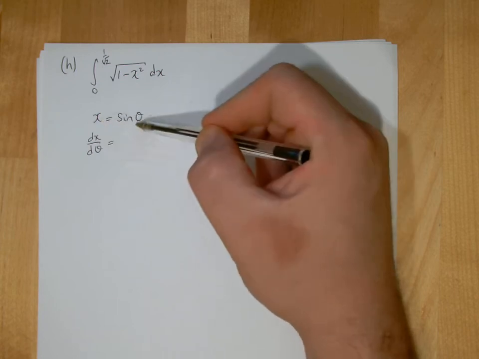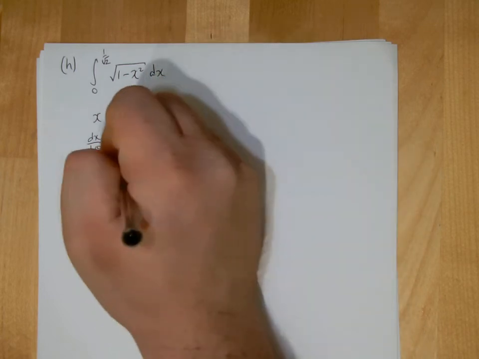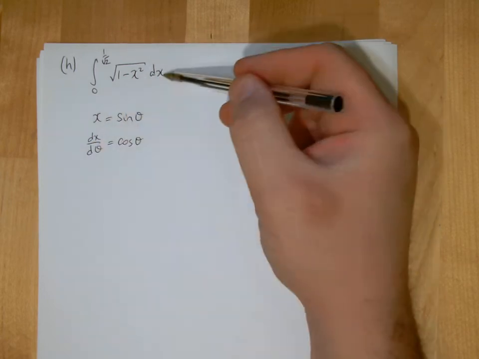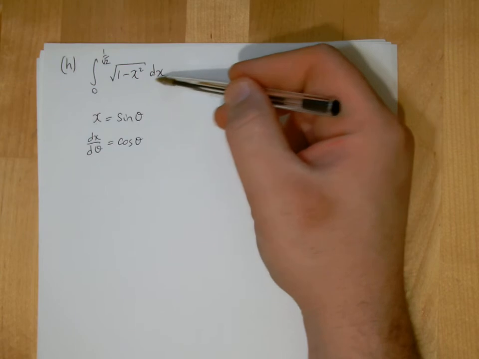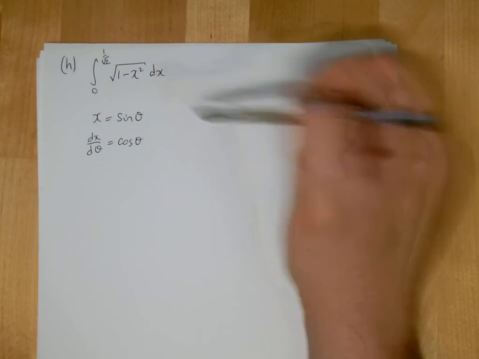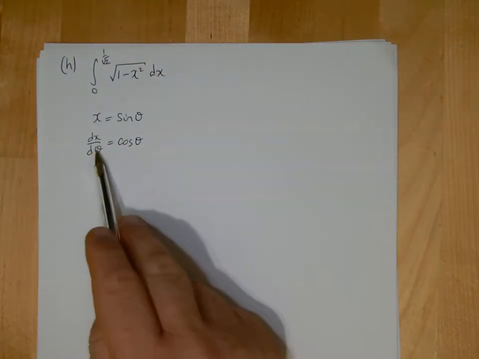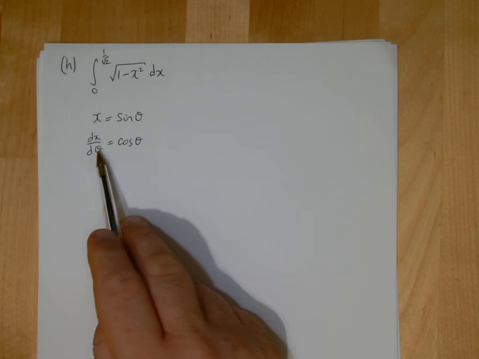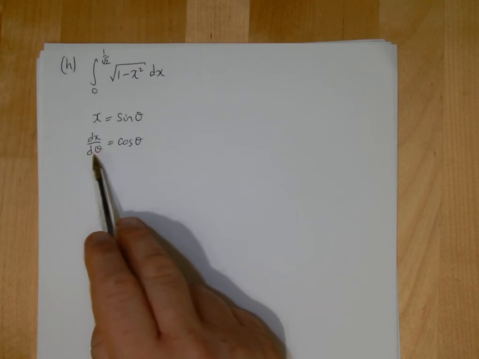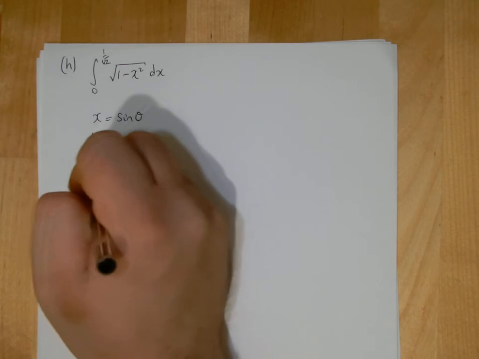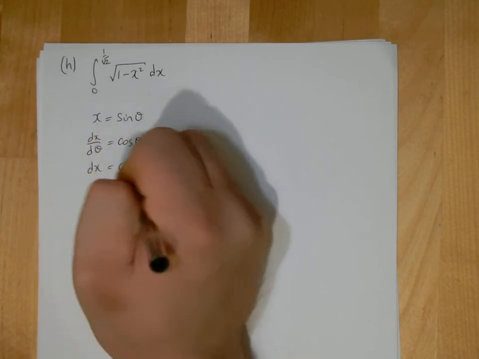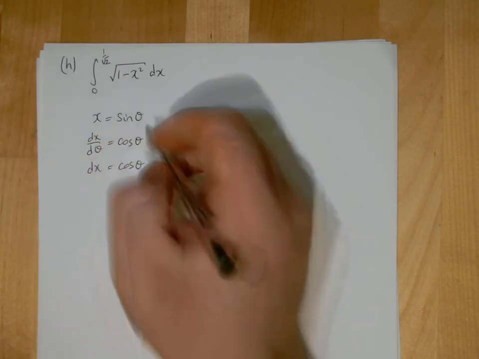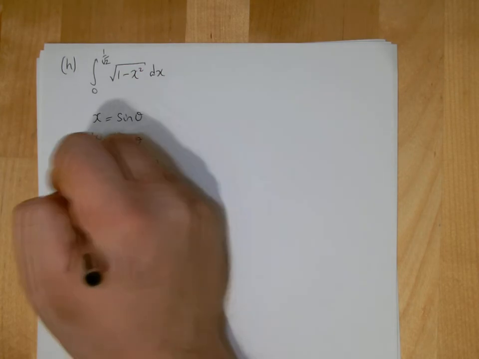Differentiate sine, of course you get cos theta. And then ask yourself, well, what do I want? I want to replace dx, so I want to know what dx is equal to. When you see this, you can easily work out what dx is equal to. You just take the d theta up. So dx is equal to cos theta d theta. And there you have it, that's what dx is.